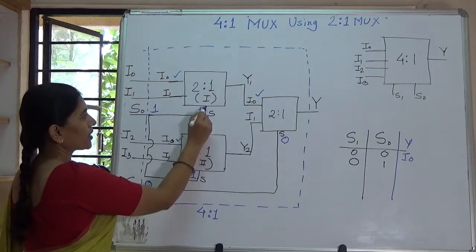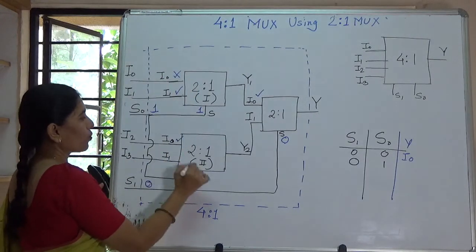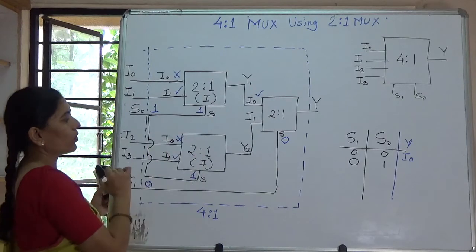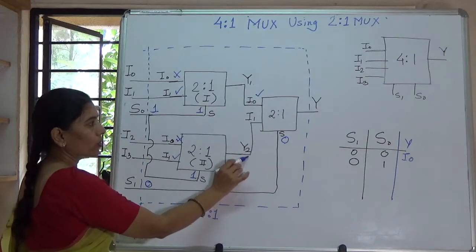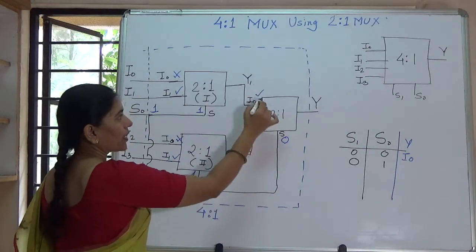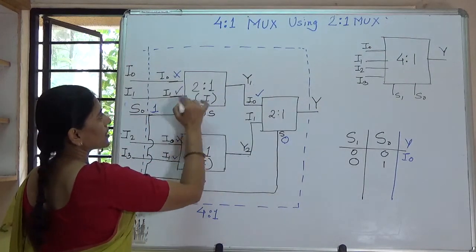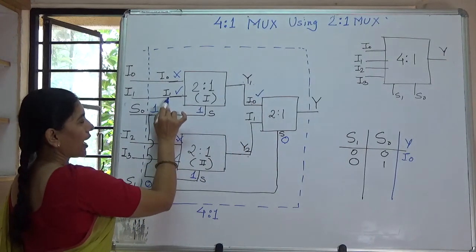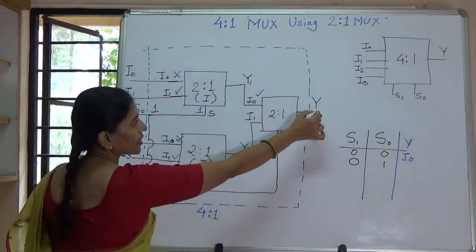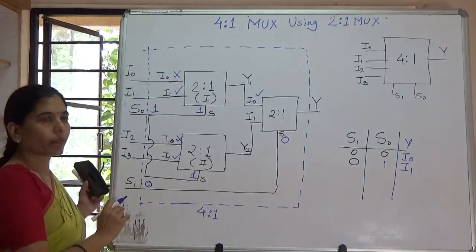So with this 1 connected to the select line, I1 will now be selected, this will not be selected. Because of this 1, I1 will be selected, not I0. I1 will get connected to Y1, I1 will get connected to Y2, but because of this 0, here I0 will get connected to Y. In turn, this I0 is getting data from Y1 and this Y1 is getting from I1. So this I1 gets connected to the output Y. So here the output Y will now become I1.